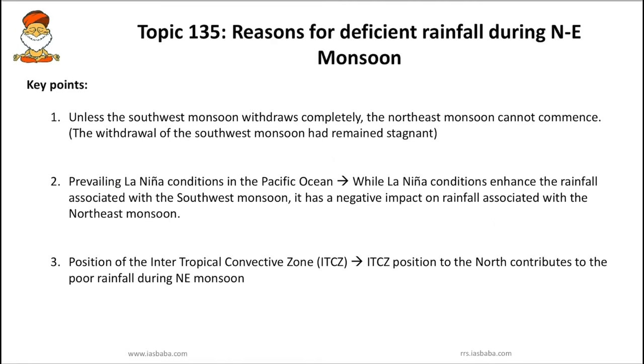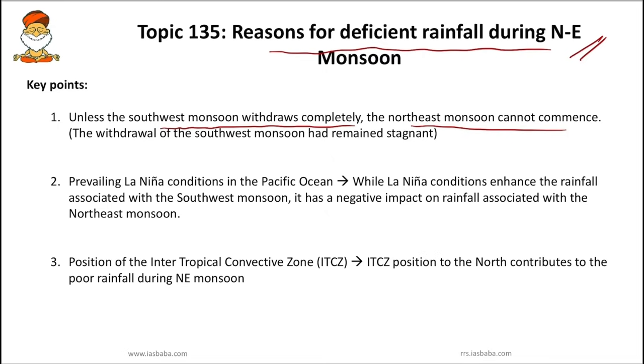Next we'll try to understand the major reasons for the deficit rainfall during the northeast monsoon. Last year, during 2020, the IMD, that is the India Meteorological Department, had forecasted below normal rainfall, especially over Tamil Nadu. It had said there would be deficit rainfall during the northeast monsoon. So we'll see the major reasons. First, unless the southwest monsoon withdraws completely, the northeast monsoon cannot commence.